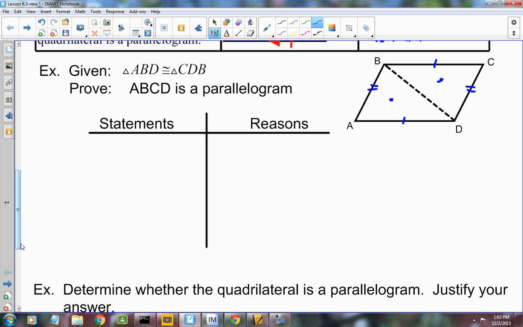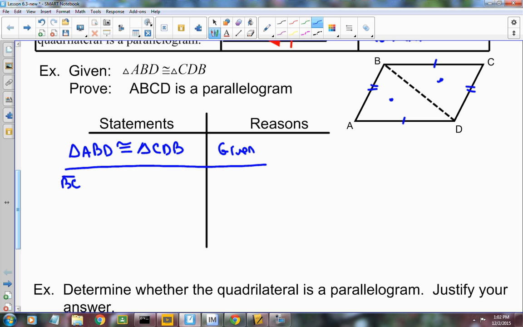Okay, so let's write that down. Triangle ABD is congruent to triangle CDB. That's given. And then we want to say that BC is congruent to DA, and BA is congruent to DC. And we said that was by CPCTC.